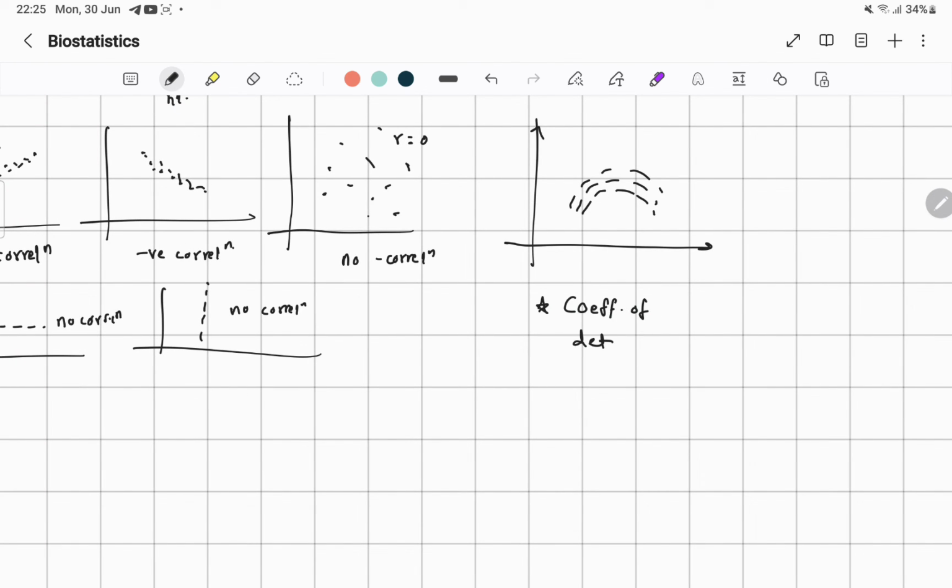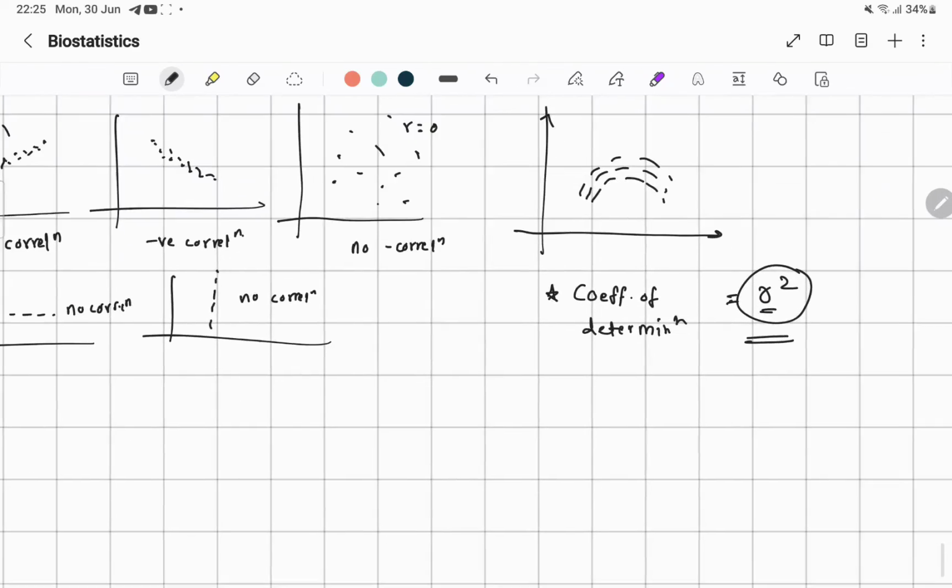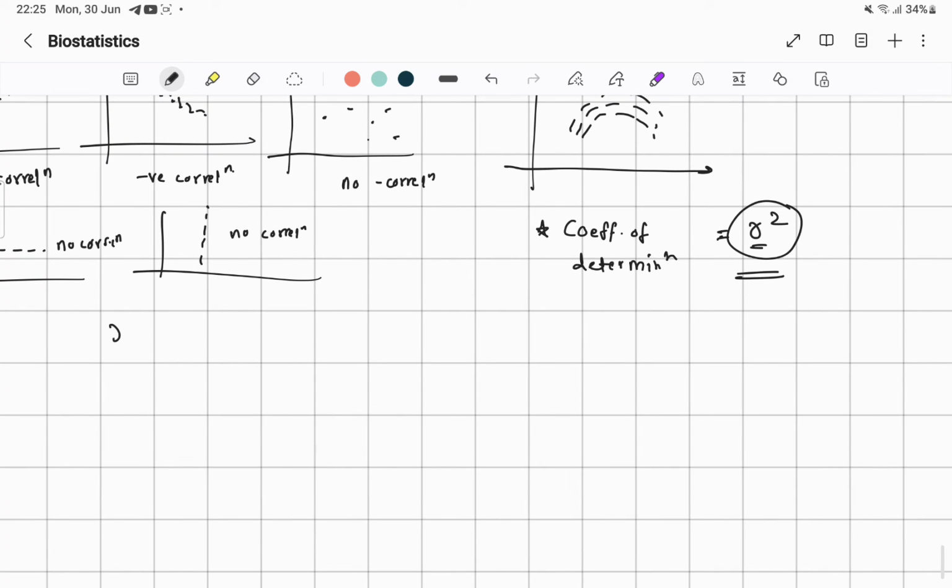Coefficient of determination, which is basically R square. R is basically the Pearson-Spearman correlation coefficient. R can range only from -1 to +1. R equal to 1.2, is it correct?